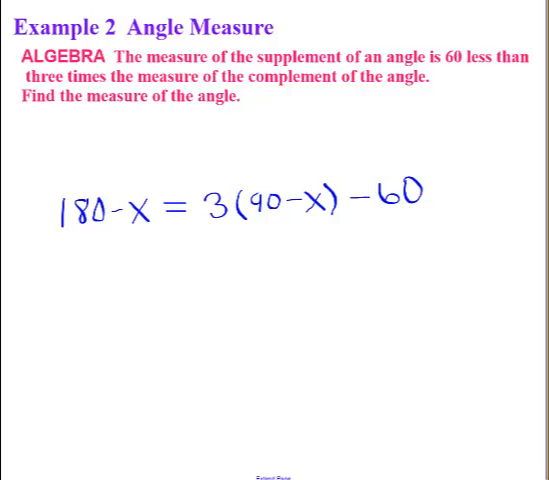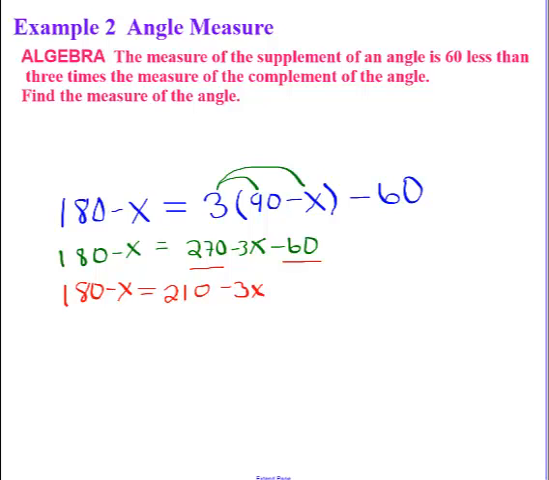So the first thing we would want to do is distribute. So we would distribute the 3 to the 90 and to the negative x. The next thing we want to do is combine like terms on the right side, the 270 and the negative 60. So now we would have 180 minus x equals 210 minus 3x.